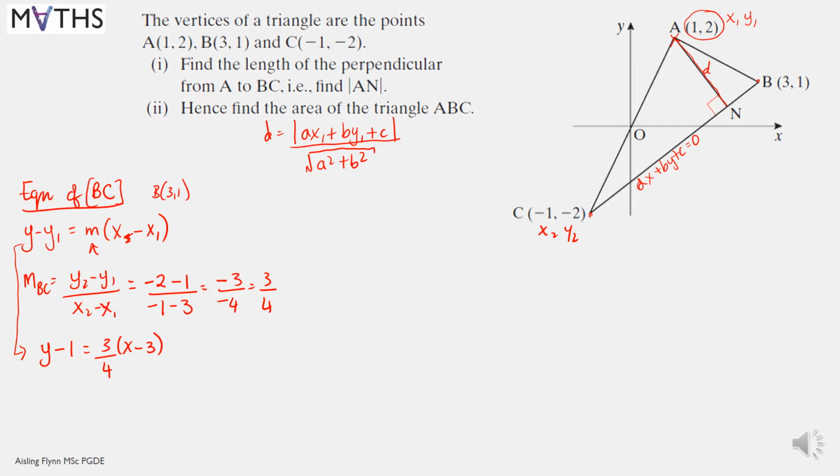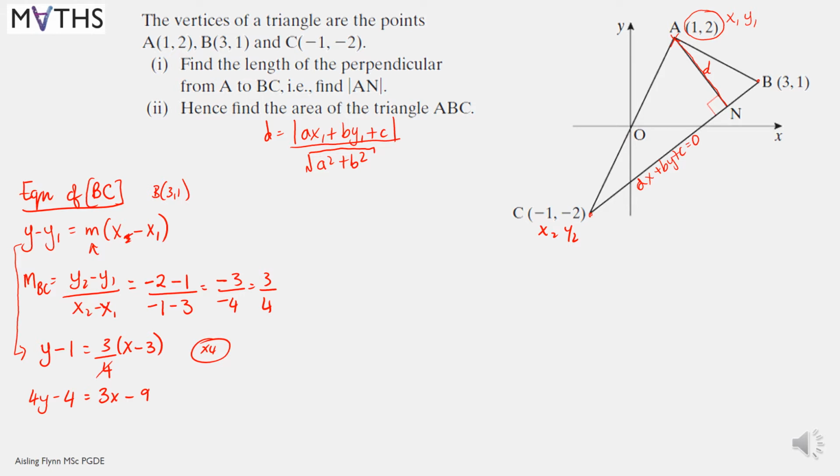Okay, so on the left I'm going to have 4y minus 4, and on the right 4 divided by 4 will give us 1, so that goes. And we have 3 times the bracket, so we'll have 3x minus 9. Okay, now we want ax plus by plus c equals 0, so we want to lead with our x.